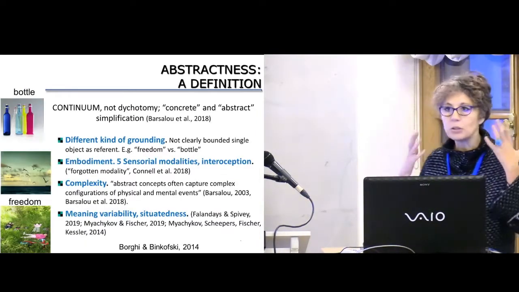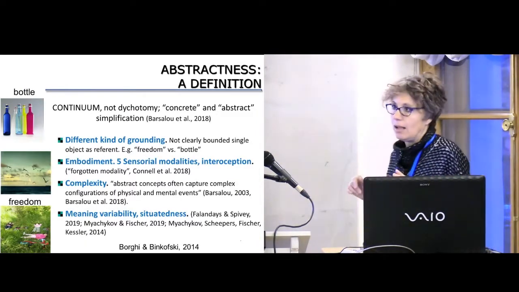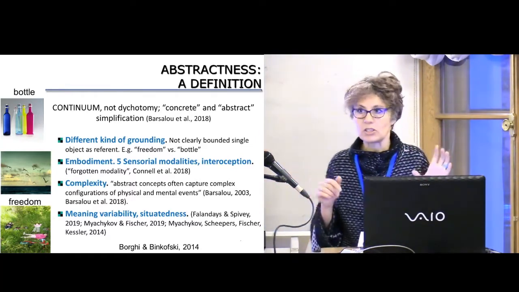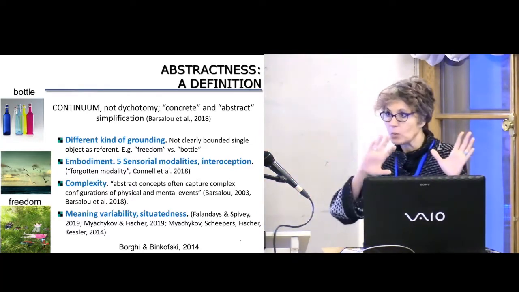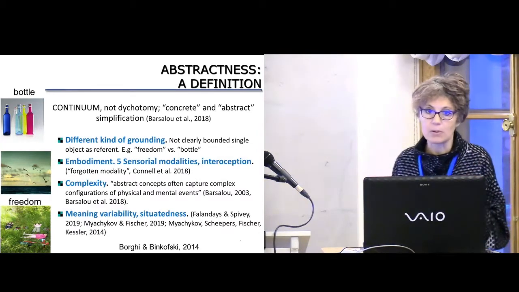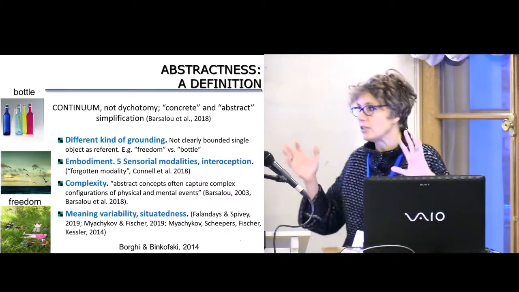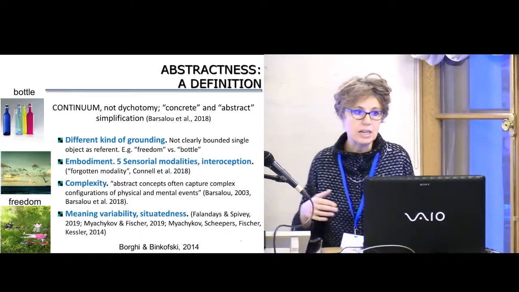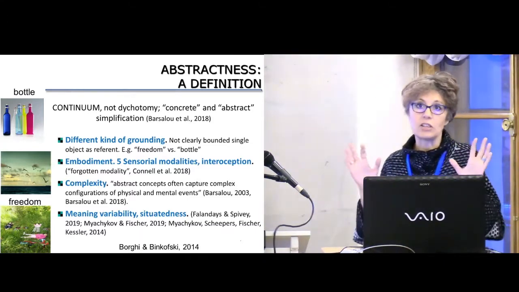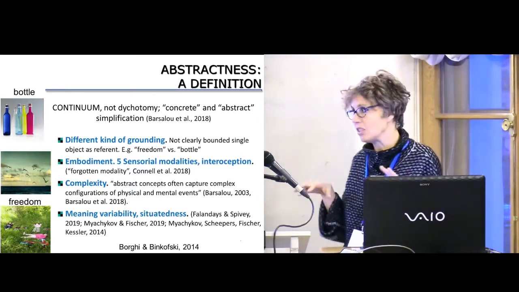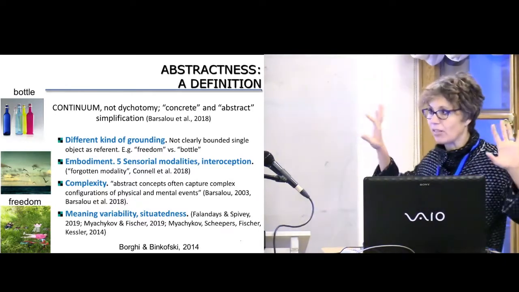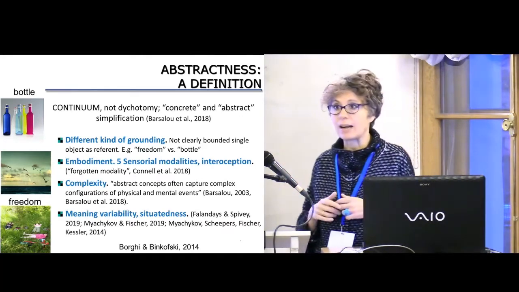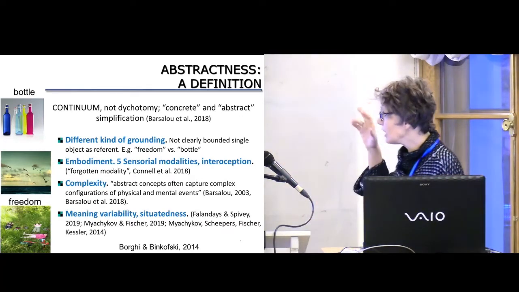And so how do we define abstract concepts? First of all, we do not distinguish them in a dichotomous way from concrete concepts. So we think there is a continuum between abstract and concrete concepts. They are arranged along a continuum, and the distinction is clearly a simplification. But just to say, at the extremes of the continuum, we can say that abstract and concrete concepts are characterized by a different kind of grounding.